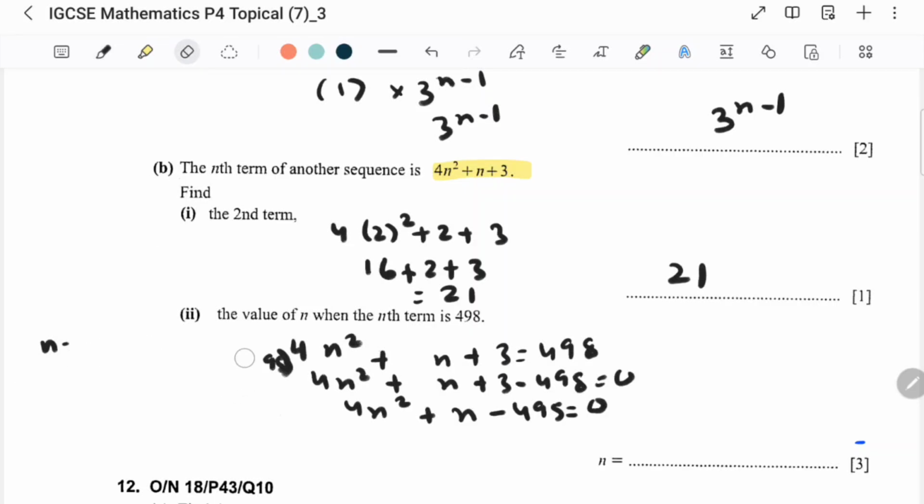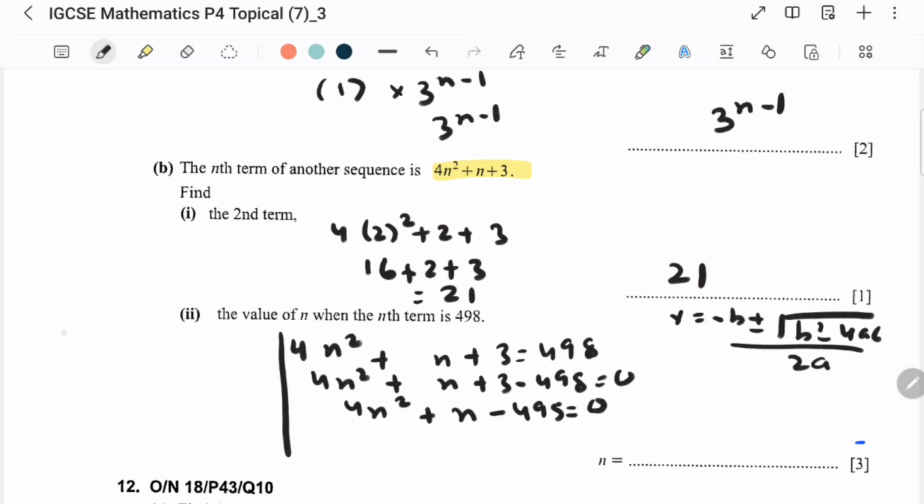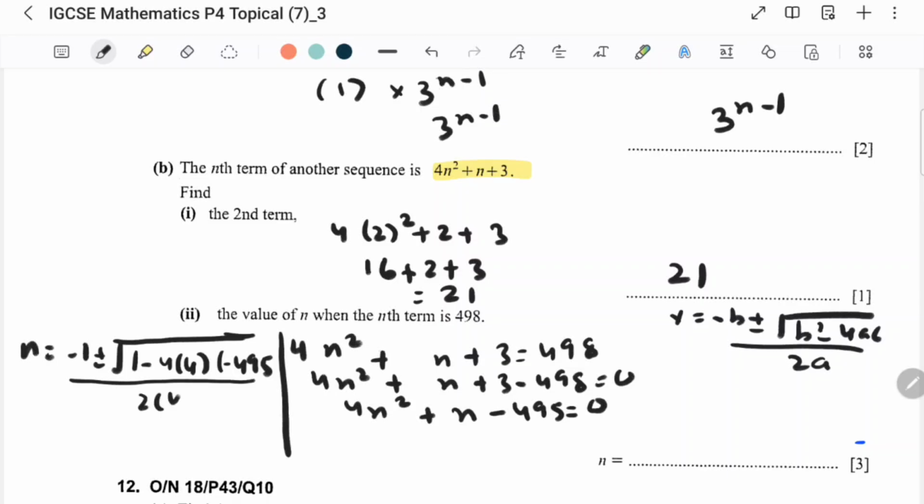I'm writing down the formula: n is equal to minus b plus or minus square root of b square minus 4ac upon 2a. So here we are finding n: minus 1 plus or minus square root of 1 minus 4 times 4 times minus 495 upon 2 times 4. Your a is 4, b is 1, and c is minus 495.